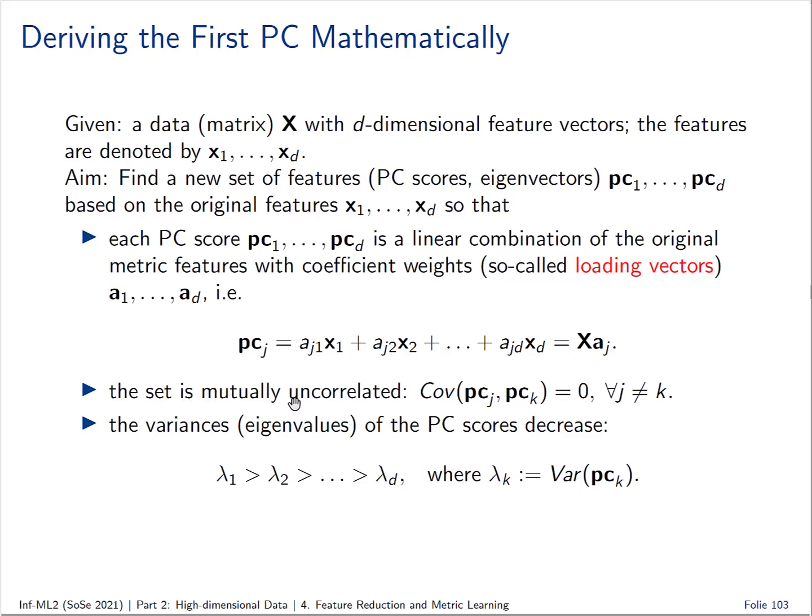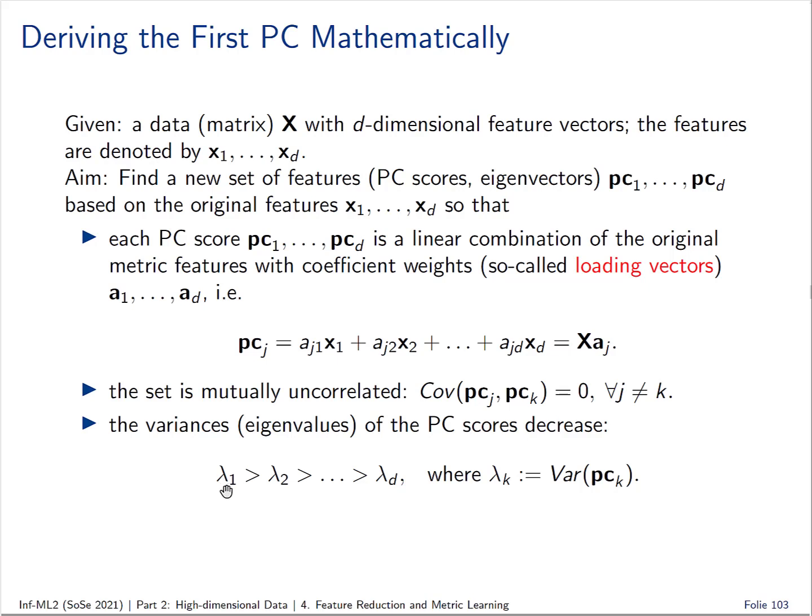And the set of principal components is mutually pairwise uncorrelated, meaning that the covariance between any two principal components is 0, and the variances, called eigenvalues, of the PC scores decrease. So the variance, the eigenvalue of PC1 is denoted by lambda1, lambda for eigenvalue.